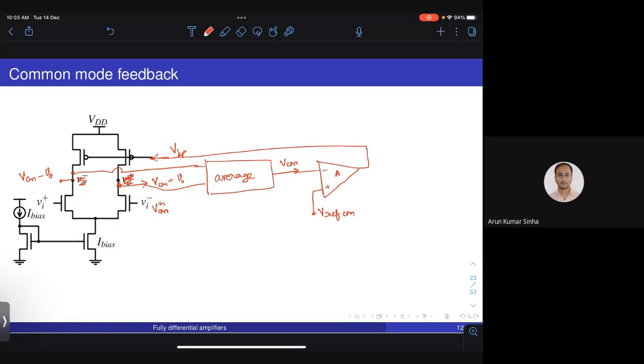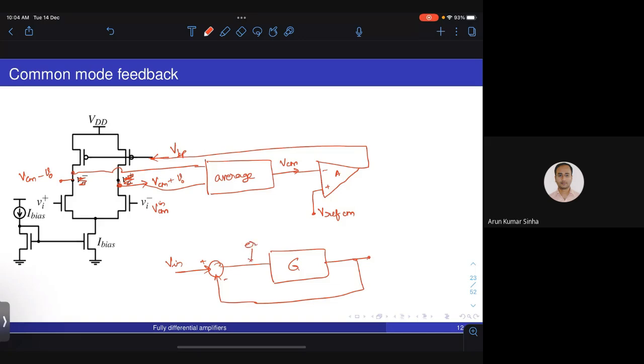Generally in a negative feedback circuit, if you have some gain here, we take the input and subtract it from the output, and this is a standard negative feedback circuit, right? And this is what we know as the error voltage. If the gain is sufficiently high, then this negative feedback loop will drive this error to 0.